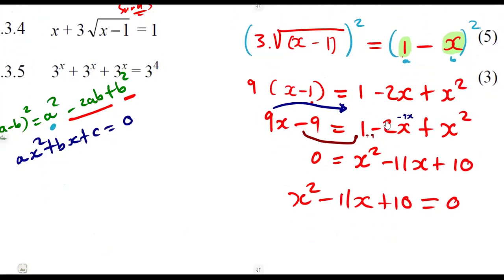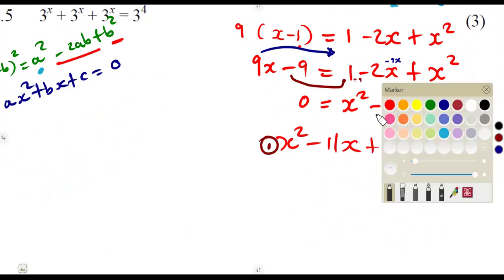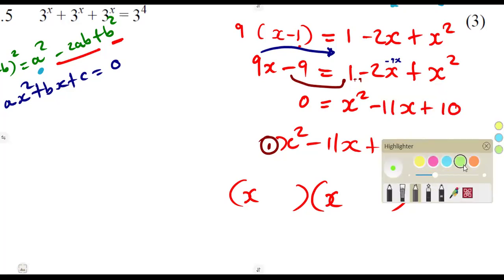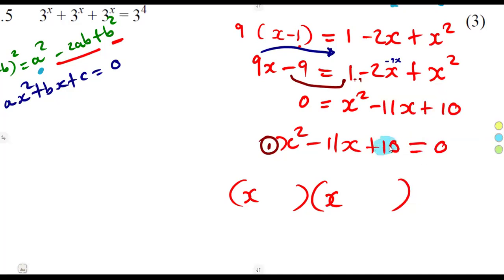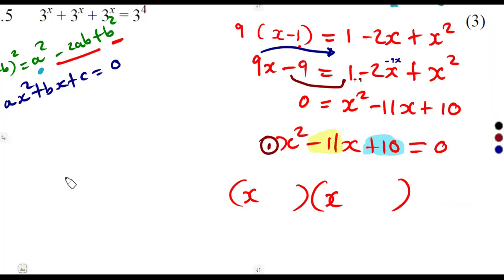2 brackets. Is it possible here to factorize the coefficient of x squared? Is 1. So let us just have our 2 brackets. So this is x here, this is x. So considering the factors of what? Positive 10 here, positive 10, but they must add up to negative 11. Remember, guys, your mathematical part there. So that's 10 and 1.